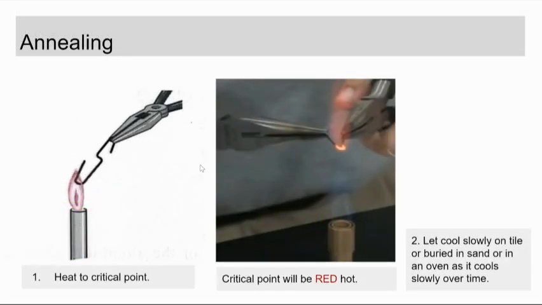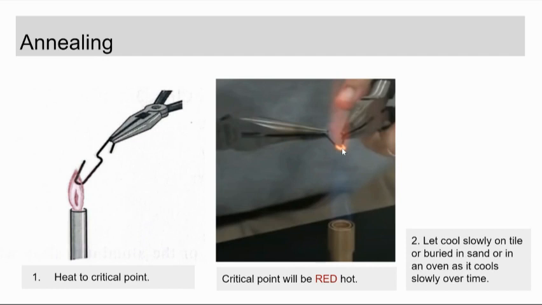Here's what the annealing process looks like for a metal. In this example, we're going to take a paper clip and heat it up to the critical point. Critical point meaning it's going to become red hot. That allows that recrystallization to occur.